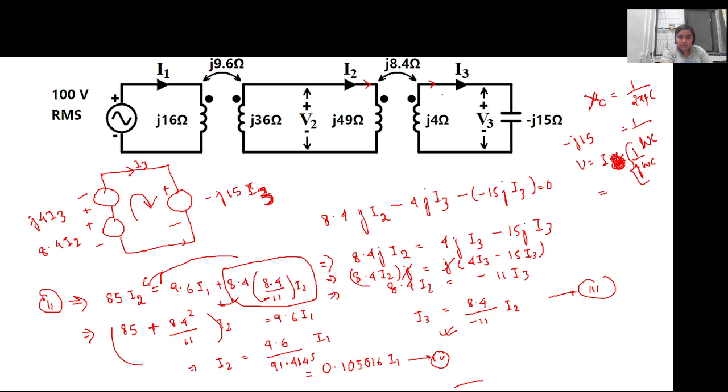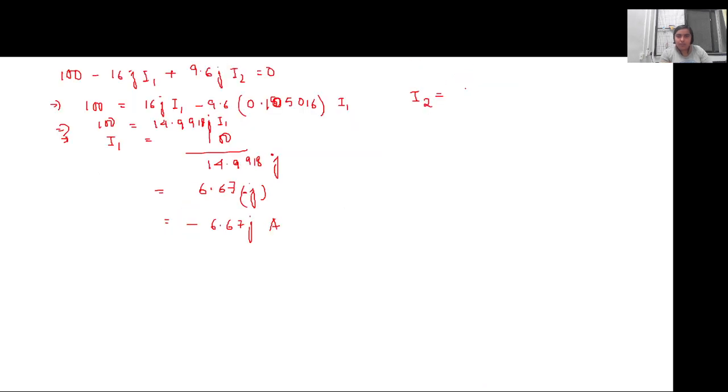So I2 is just a multiplication of 0.105016 I1. So this is minus 0.7j, right?